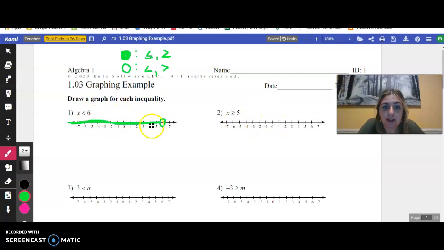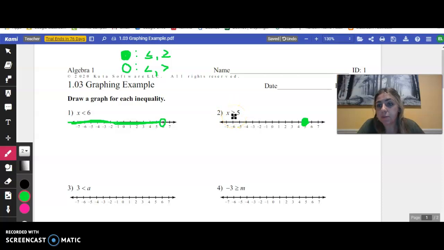So if I go look at number 2, x is greater than or equal to 5. I start by putting a dot at 5. It has an or equal to line on it, so I want to go ahead and shade in that dot at 5. And then x is greater than or equal to that.